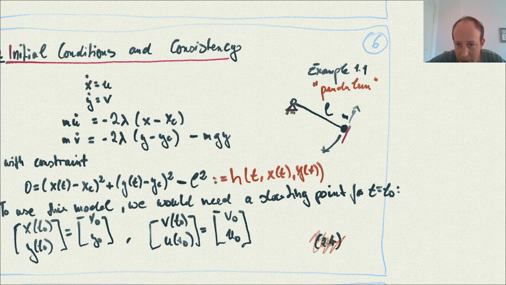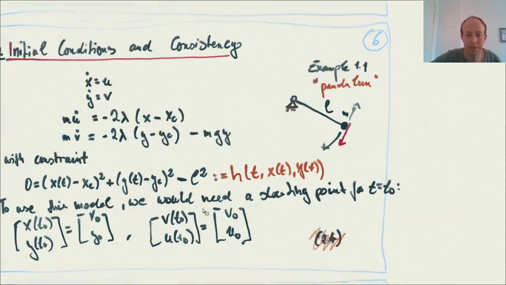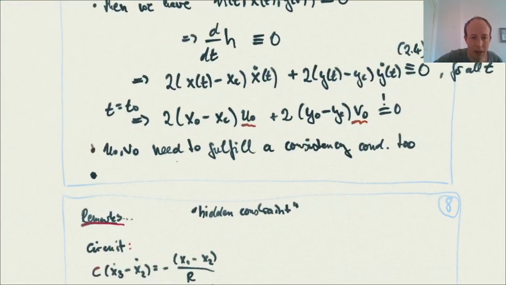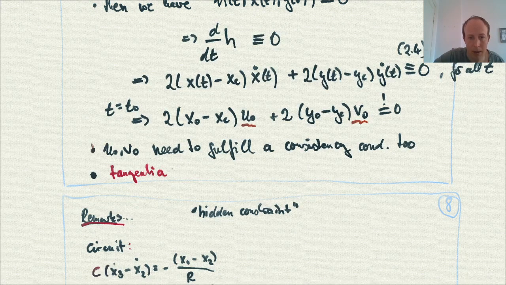A vector that is perpendicular should point in this direction, and this also makes physical sense: the initial velocities should be tangential to the circle. Here I just write down the tangential condition.